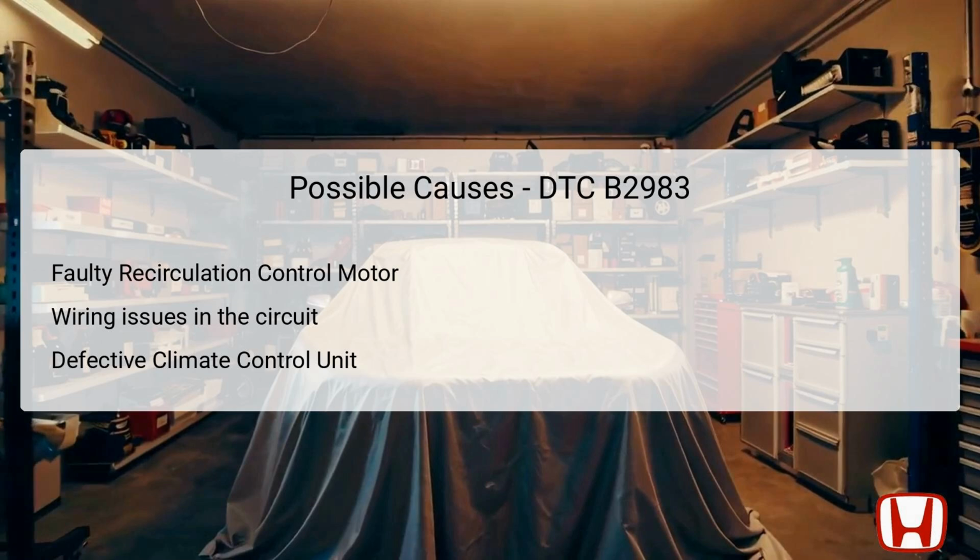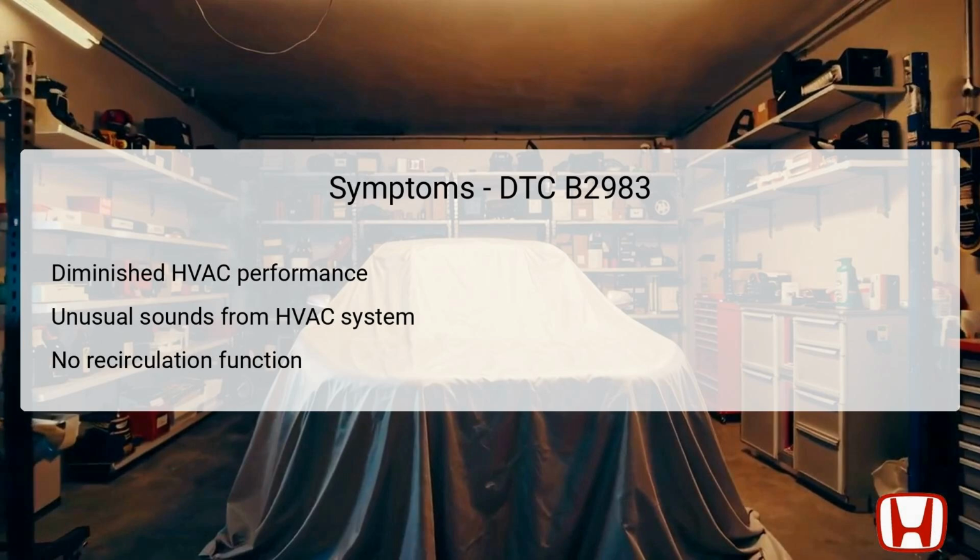Symptoms associated with DTC B2983 often include diminished performance of the HVAC system, which might lead to inadequate heating or cooling inside the cabin. Additionally, drivers might hear unusual sounds emanating from the HVAC system, signaling potential mechanical failure in the recirculation control components.